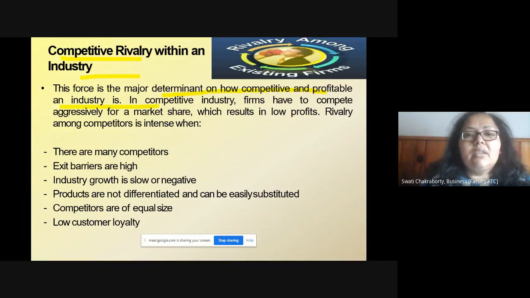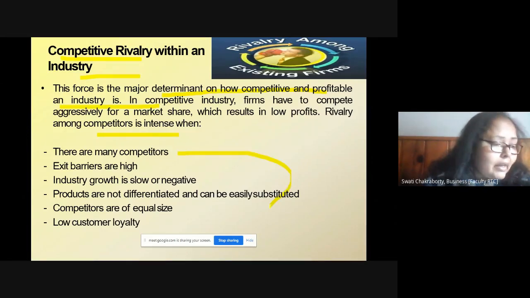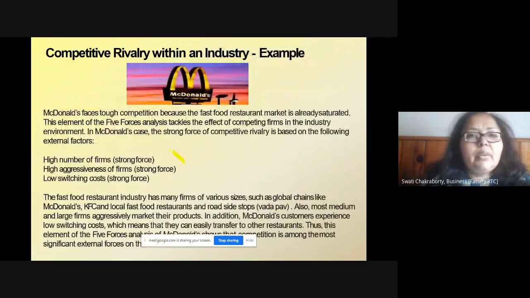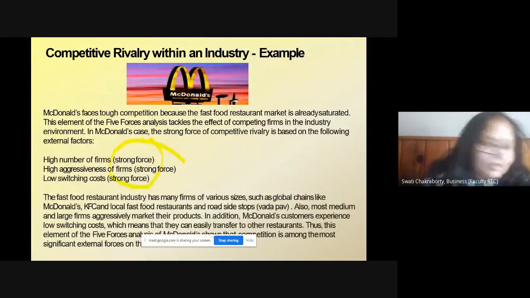Rivalry becomes intense when there are more competitors and exit barriers are high, when industry growth is slow or negative, when products are not differentiated, meaning they can be easily substituted, and when competitors are of equal size and customer loyalty is low. Right? An example of this is McDonald's.